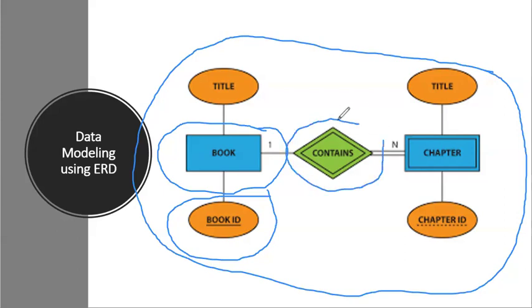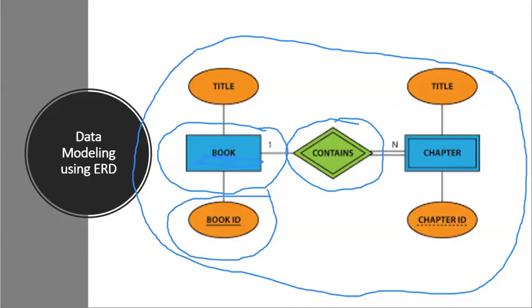Then we'll also see the relationship, the diamond there, right? Now, relationships are just showing how entities are connected to each other. And if you look at the diagram, you notice the rectangular shapes, which were already defined as the entities. Now, these are identified by nouns. For example, student, order, book, as you can see here, customer, course, and so on.